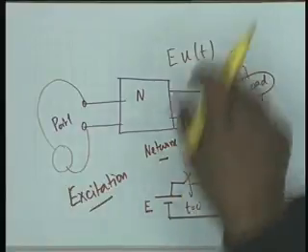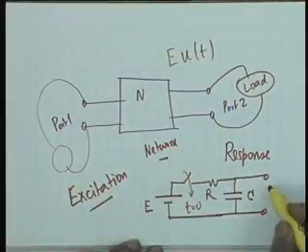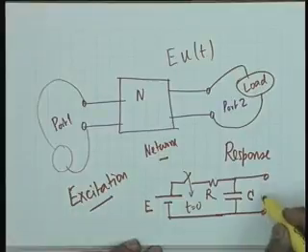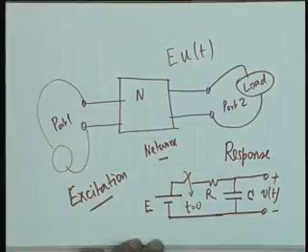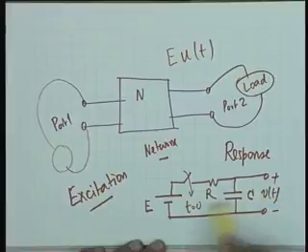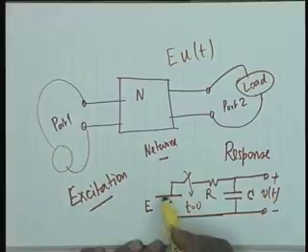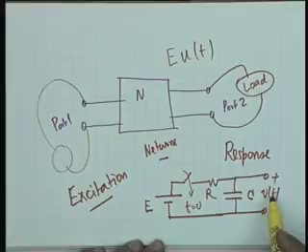The network consists of R and C, and the response can be the voltage v(t) across the output port. So, E u(t) is the excitation, RC is the network N, and v(t) is the output, that is the response. Given E and R and C, to find out v(t), this is the problem of analysis.